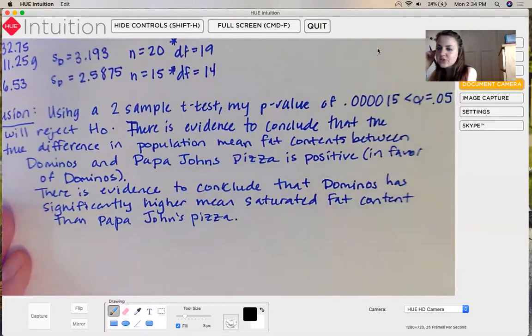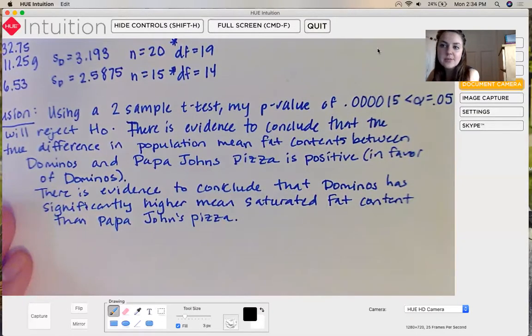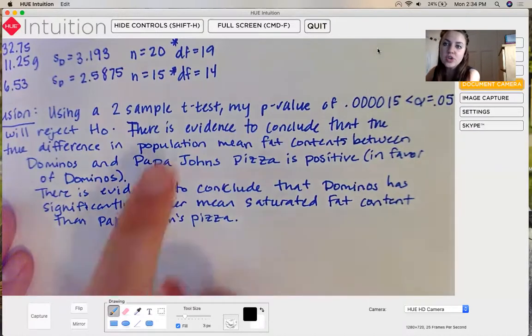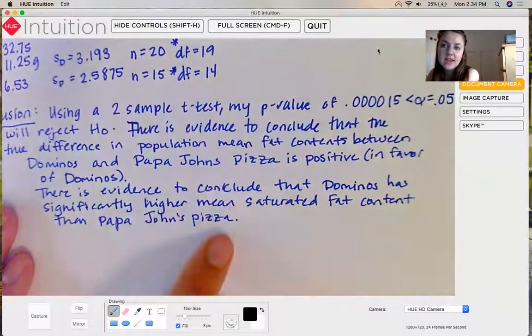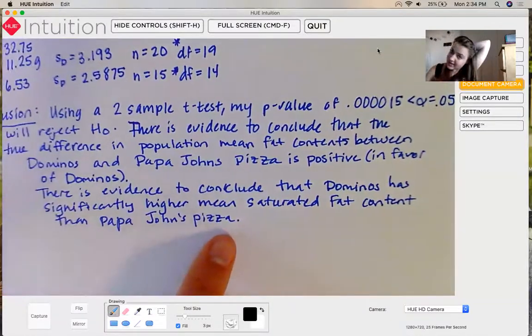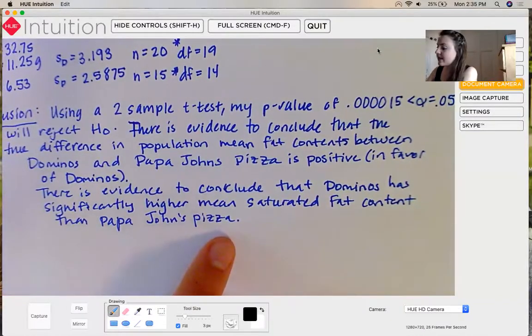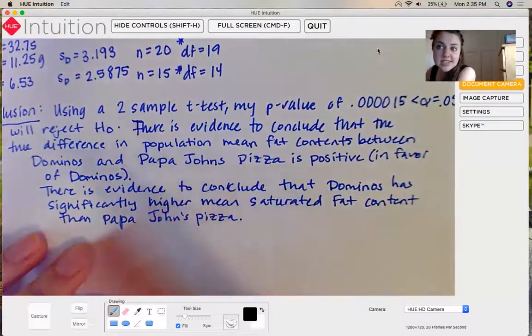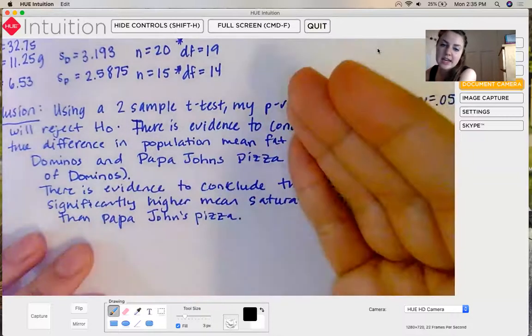And one thing that's interesting to note is that, and this is just a parallel to y'all's project, that in your project, when you're doing this, you're going to be thinking to yourself, which one is higher? So if your whole hypothesis is to prove that college students study more, and you see that there is a difference, and you see that there is indeed a positive number, then what you're going to say is that, yeah, college students did study more.